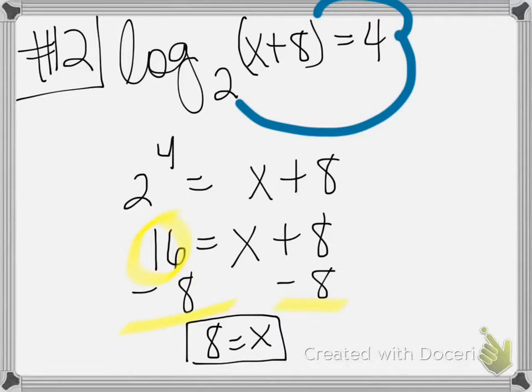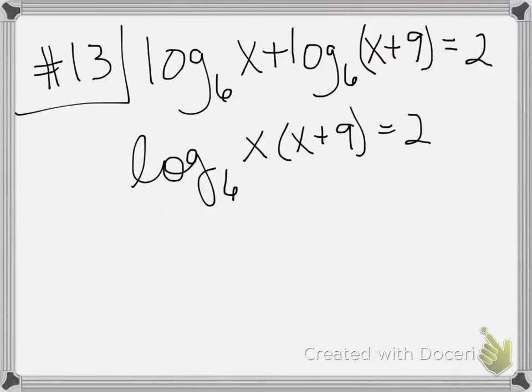That one's pretty easy. Number 13, the first thing I have to do is condense this into one logarithm. So I have x times x plus 9, and you're probably thinking, where did this 9 come from? Well, if you're looking at your review, I had to change it because it wasn't working out right. So you need to change and make this number right here a 9.